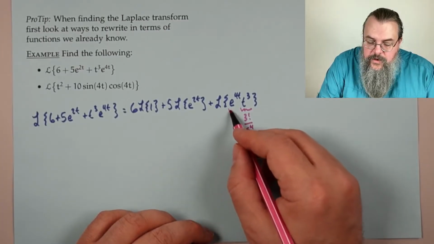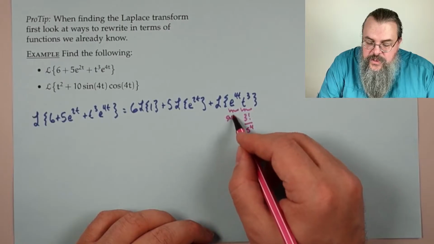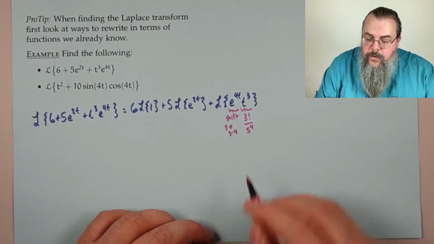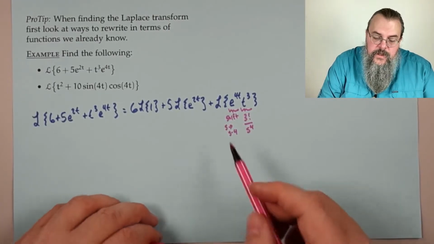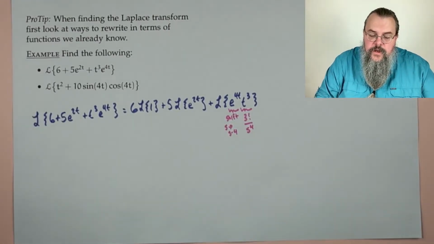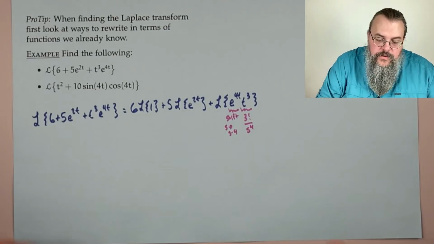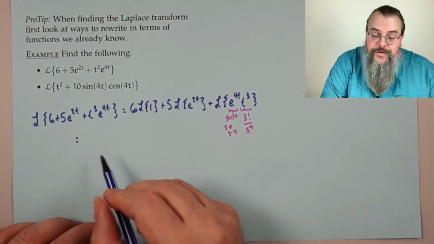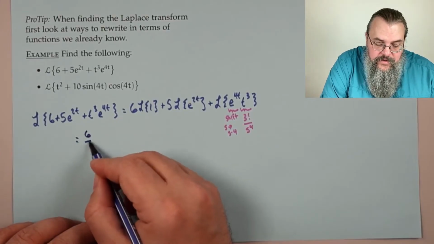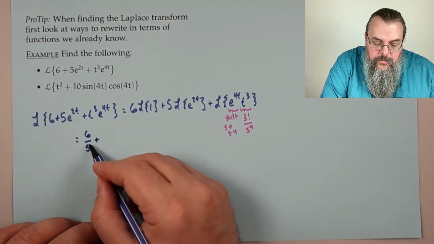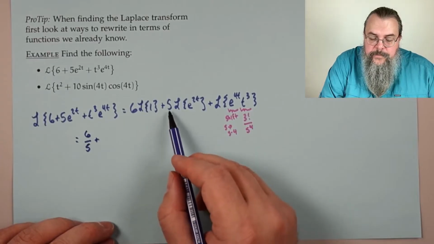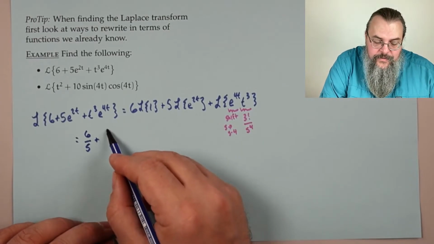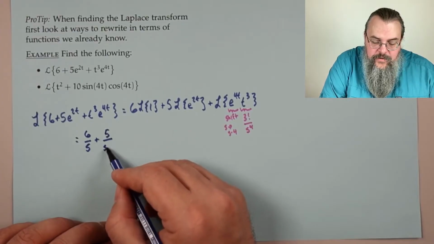And then I say, oh, this is going to shift. So s becomes s minus 4. Okay, good. Now the rest of these rules we already mentioned. We know what to do. So we get 6 times 1 over s. We'll go ahead and write that as 6 over s. Plus, we have 5 times 1 over s minus 2. So 5 over s minus 2.